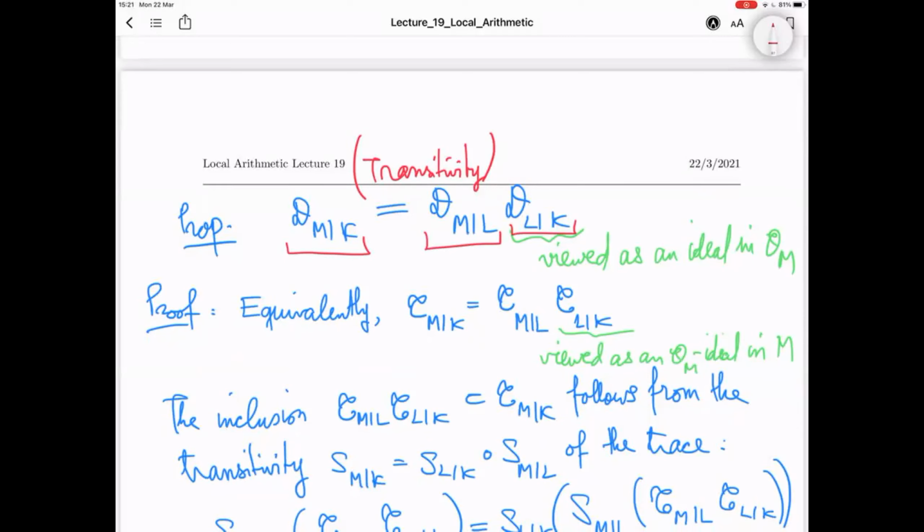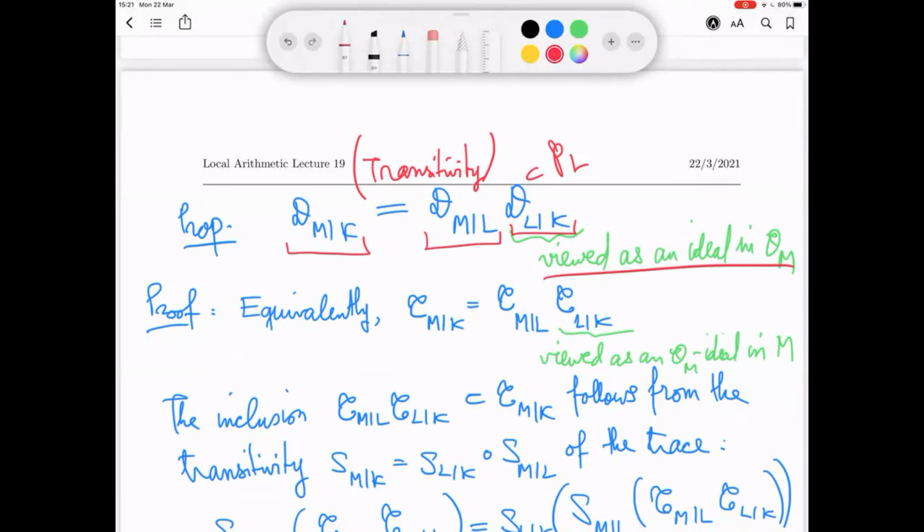Normally this different of L over K is an ideal in OL, but ideals in OL will also be thought of as ideals in OM.